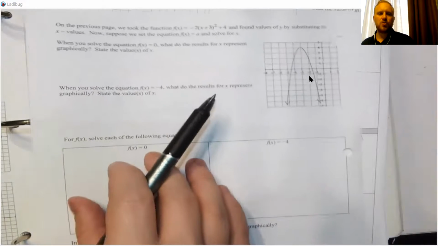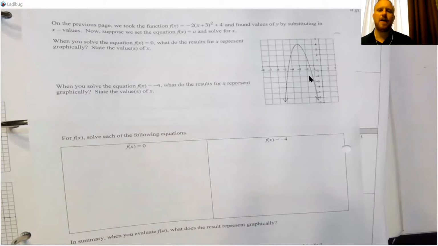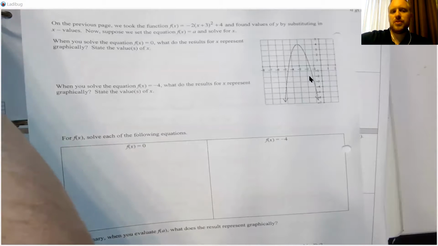On the previous page, we took the function f of x and found values of y by substituting the x values. Now suppose we set the equation f of x equal to a, some random value, and we solve for x. When you solve the equation for f of x equaling 0, what does the result of x represent graphically, and state the value of x?